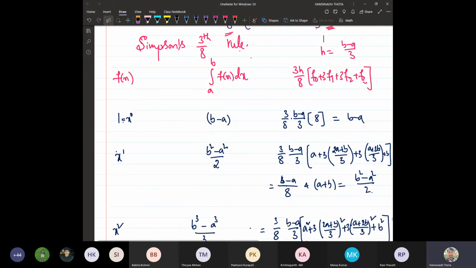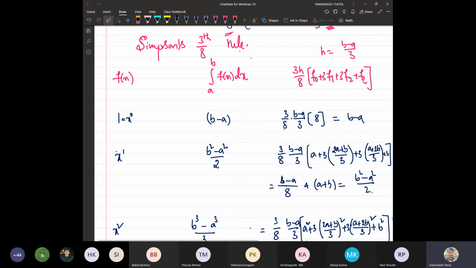For example, if you take constant functions, or polynomials of degree 0, in particular when f of x is equal to the constant function 1, the integral value is b minus a, that is fine. And if we use the formula, what will we get? 3/8, h is b minus a upon 3. f naught is 1, f1 is 1, f2 is 1, f3 is 1.